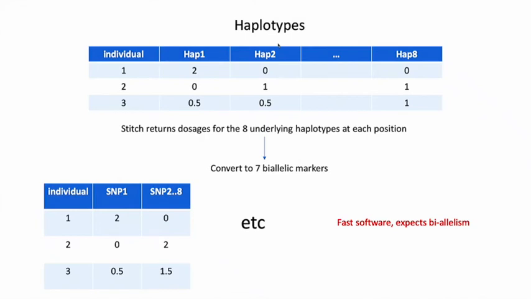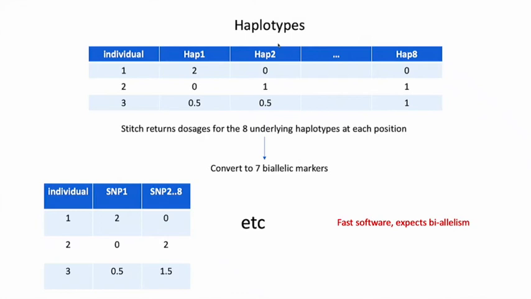Okay. So what we can do is convert these haplotypes to dummy biallelic markers, right? So we can make a fake SNP, which is the dosage of haplotype 1 versus the dosage of all the other haplotypes. And then we can make that dummy SNP for haplotype 2, haplotype 3, all the way through haplotype 8, right? So we can make these dummy markers. Now, why do we do that?